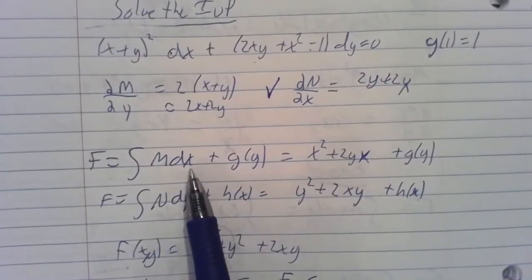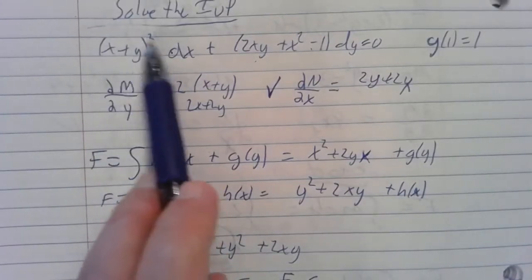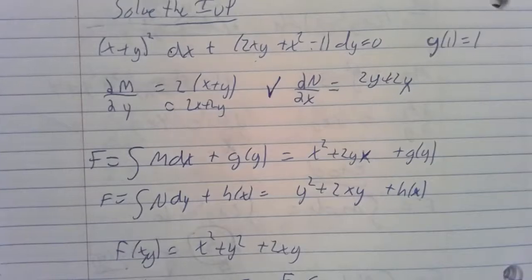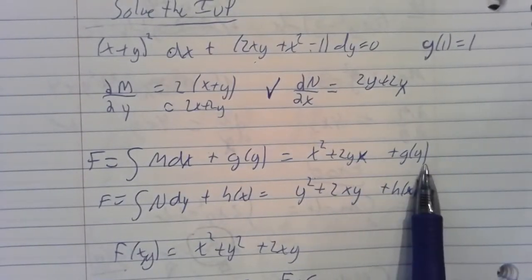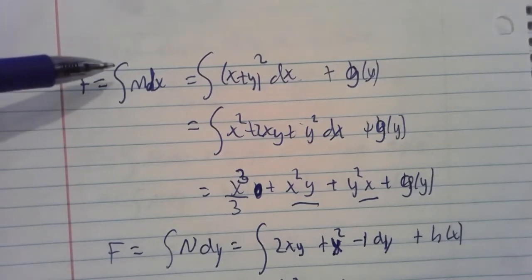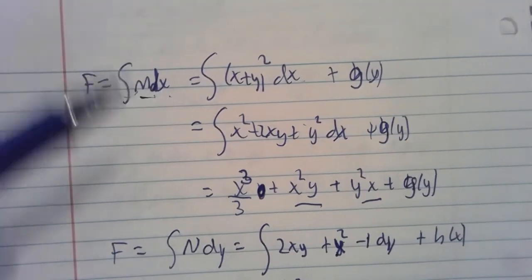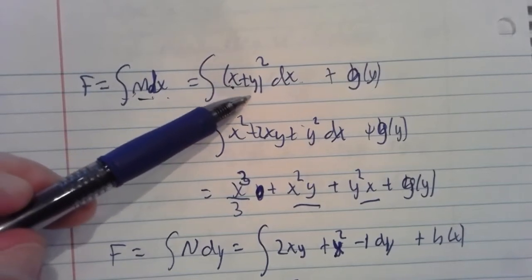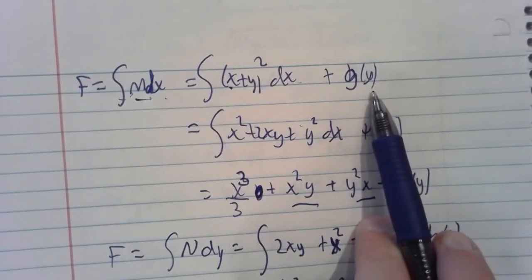Okay, that wasn't correct. I've fixed it now. So the antiderivative of M dx will be the antiderivative of x plus y squared dx plus potentially some function of y.